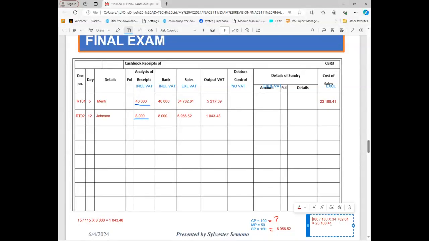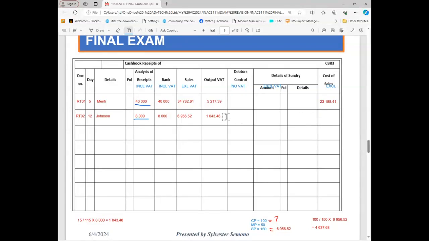And then here, I just replace this, because obviously the fraction will still remain the same. Curious now. And how much do we get? I got 487.68. This is the cost of sales that I must come and put here.